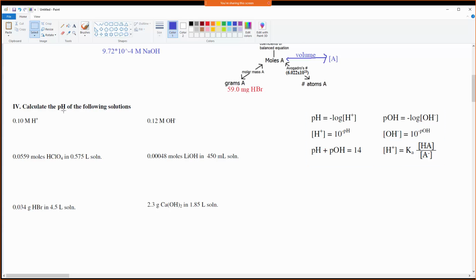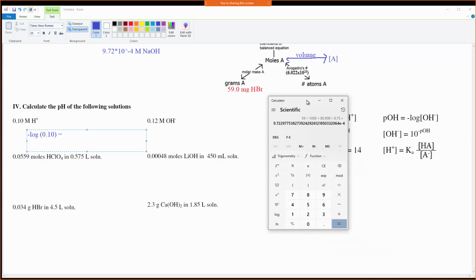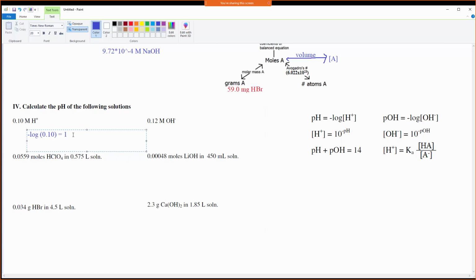So if you want to know the pH and I gave you the H plus, well, we just plug that in, right? We're going to say, all right, well, I need the minus log of 0.10. And depending on your calculator, you're going to put it in a different way. In this case, I'm going to put in the 0.1 and then the log and then the negative sign, and I see I have a pH of 1.